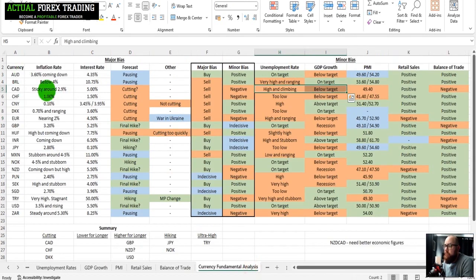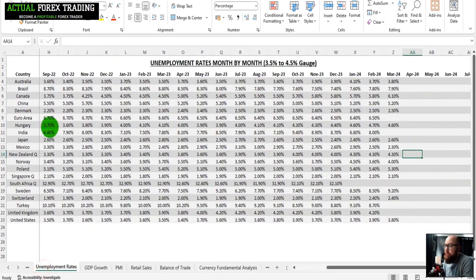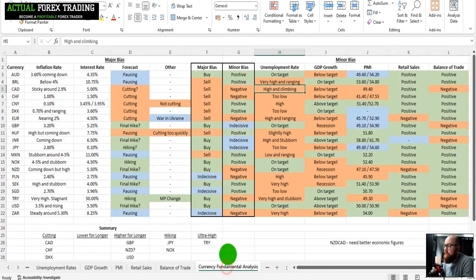But we have high and climbing unemployment in Canada, currently at 6.1%. It's very high. GDP growth is below target, PMI is below 50, and balance of trade, not important, but that's negative. Things are not good for Canada from an economic point of view.